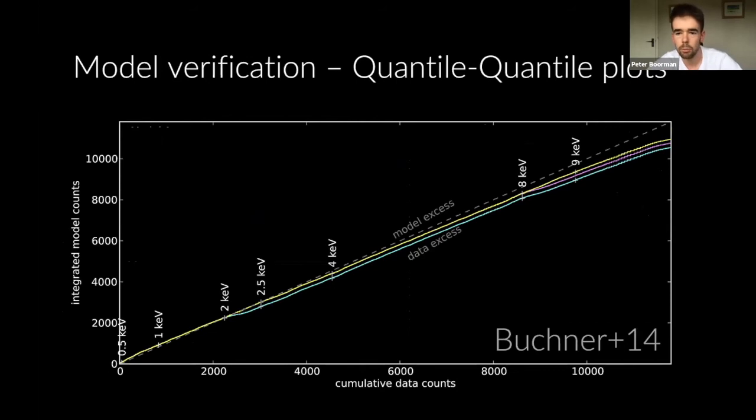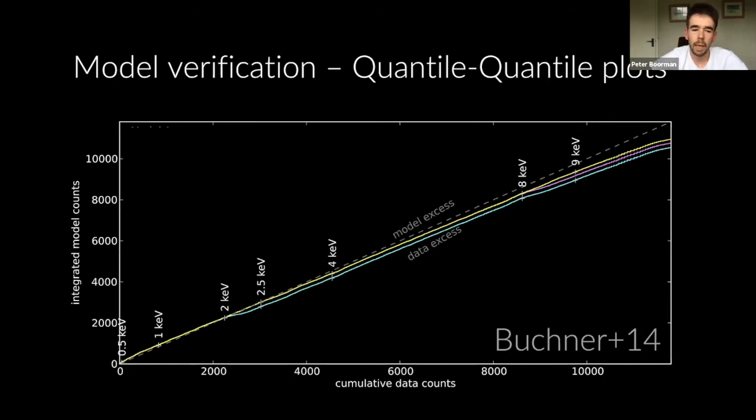We spoke very briefly about QQ plots yesterday, but just to go over them in a bit more detail, they're essentially an alternative to residual plots, where instead of showing the binned residuals, you plot the cumulative distribution of the observed counts on the x-axis, and the cumulative distribution of the model counts on the y-axis.